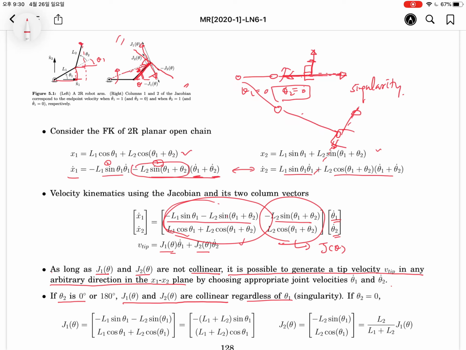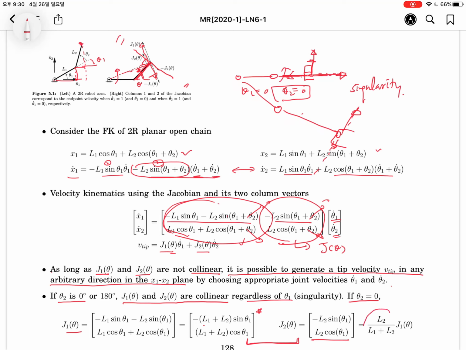Let's calculate. If theta 2 is set to 0, here this is 0, this is 0, and this is 0. At that time, J1 will be this one and J2 this one. From J1 and J2, we can see there is a proportional relationship with a proportional constant.